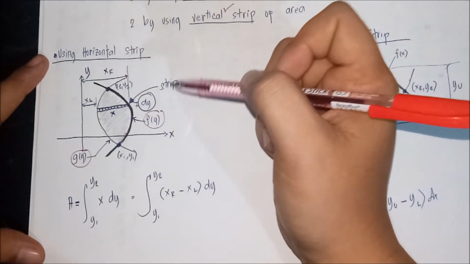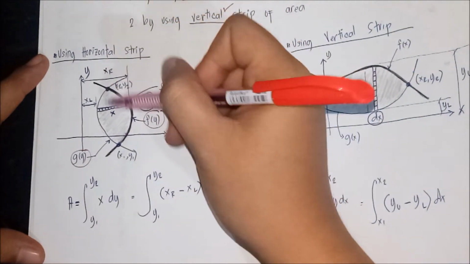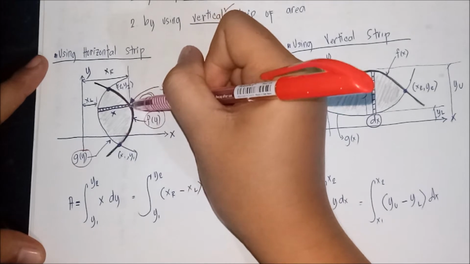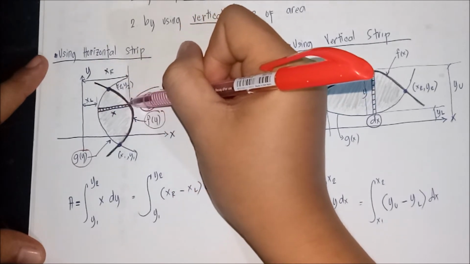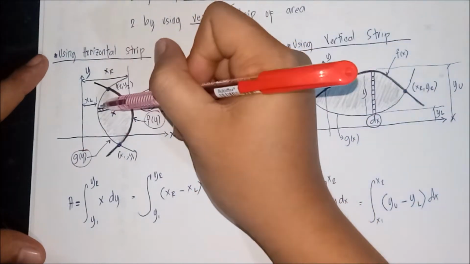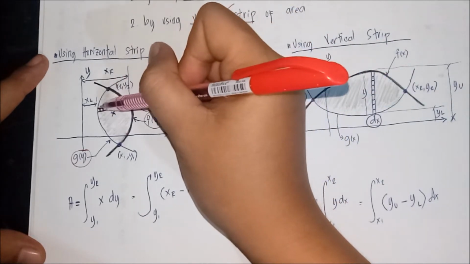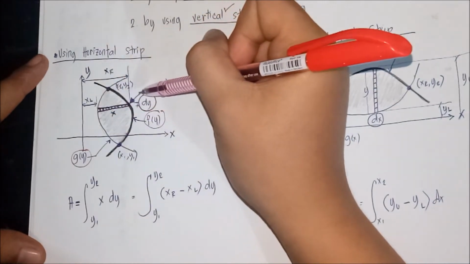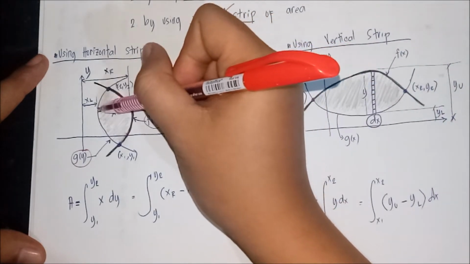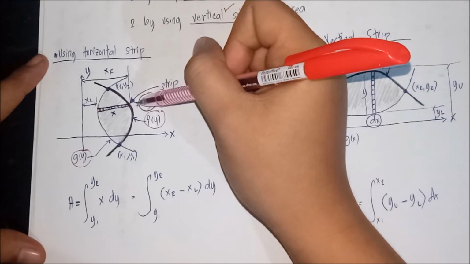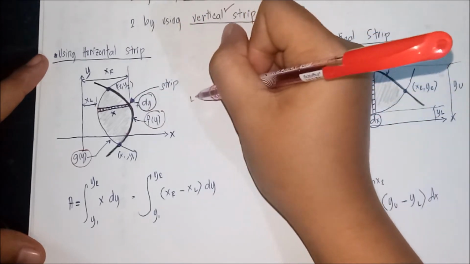First, using horizontal strip, class, is itong shape na nabuo, kunan natin siya ng horizontal strip. Ganito. So, kumbaga ang idea, class, is kukunin natin yung area nitong horizontal strip na to, hanggang lahat sila maubos natin. Okay? Class, di ba ang area nito, kung nagmumukha siyang rectangle, ang formula ng rectangle is length times width.